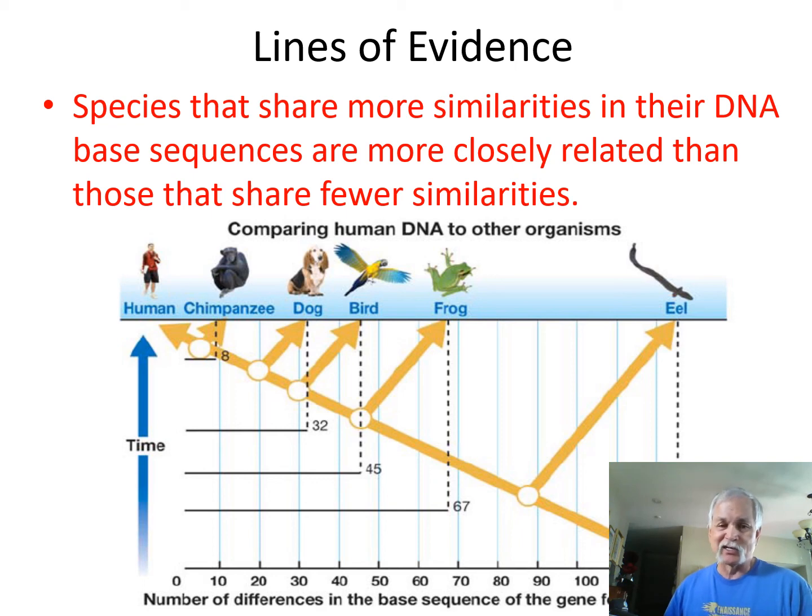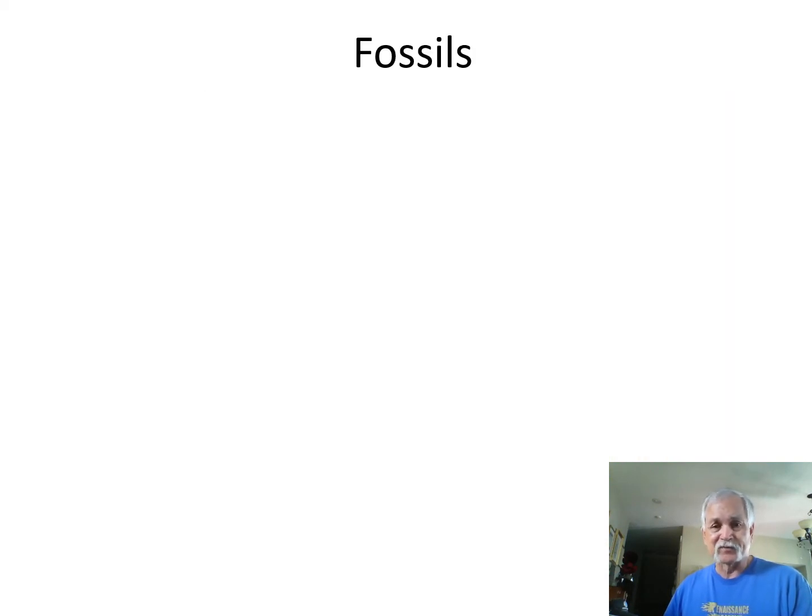So this doesn't mean that we're close in everything, but you can see the hemoglobin in a chimpanzee is much more similar than a dog, a bird, a frog, or an eel. So this is one way we can find out what we have in common. And overall, we have something like 95% of the same DNA as chimpanzees do. They're our nearest biological relative.